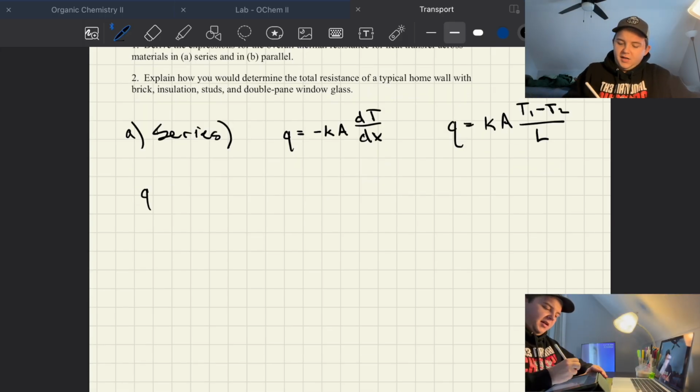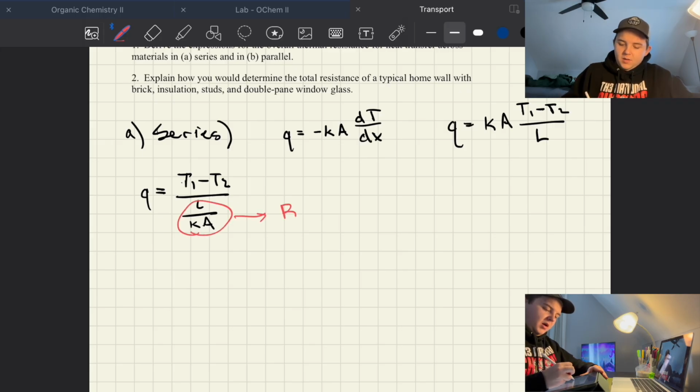Okay, so now finally all we have to do is rework our equation. So instead of multiplying by KA, we're going to bring it to the denominator. So we'll have T1 minus T2 over L over KA. And this bottom part is going to simplify to our resistance in the conduction.